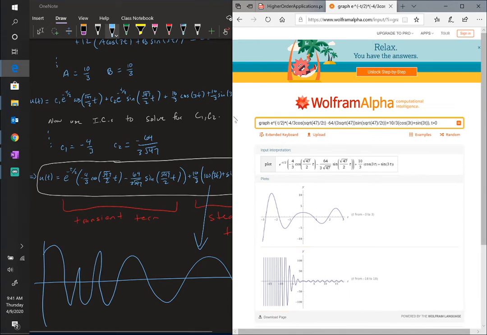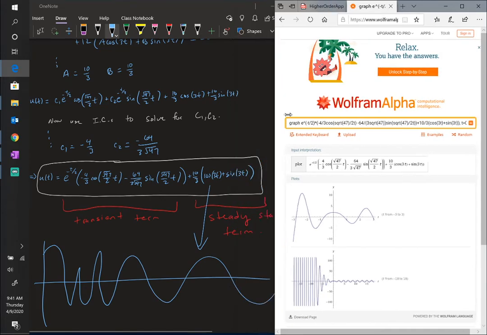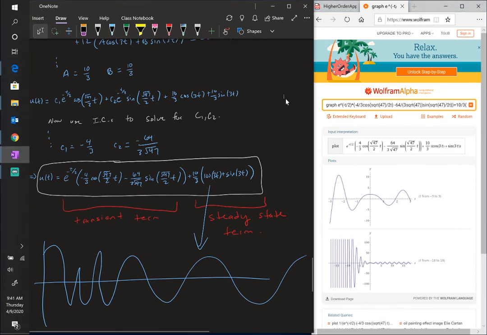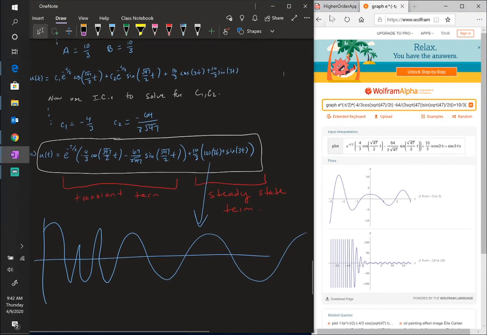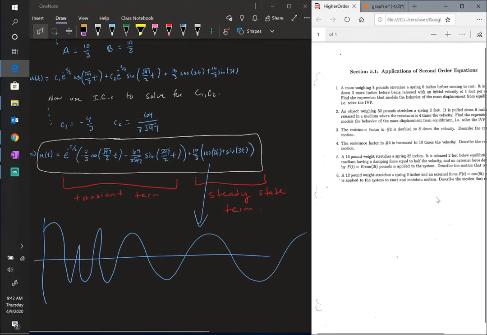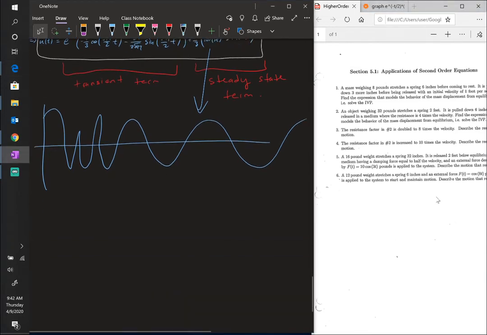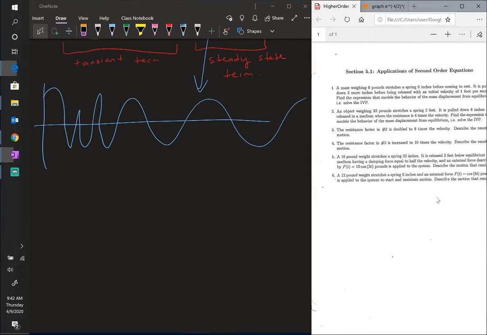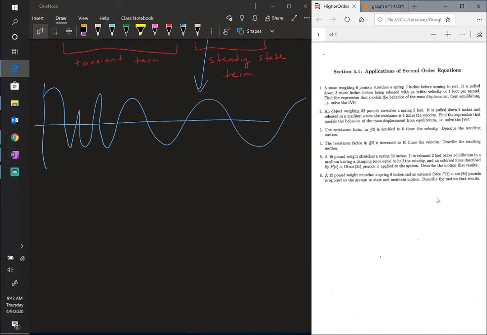So initially that's where the instability is, but then the steady state kicks in eventually and takes over the whole system. So that forcing function is really just eventually going to take over the whole system and tell it what to do. The last one is similar, except just slightly different parameters and a different forcing function.